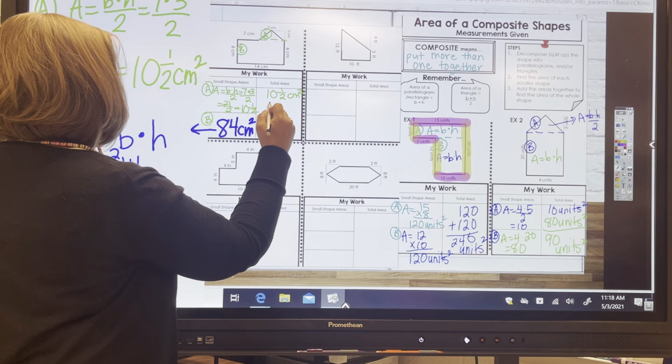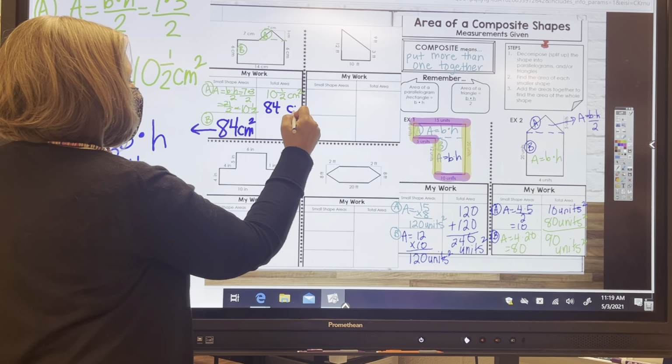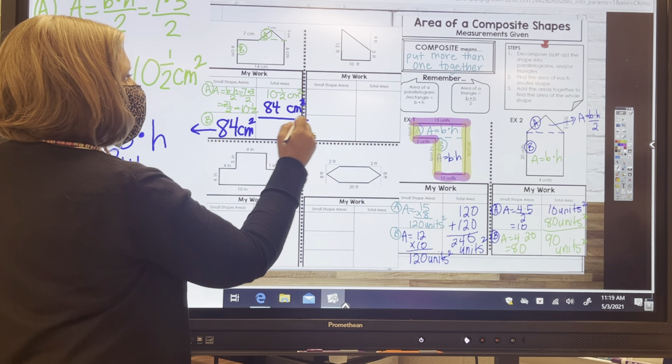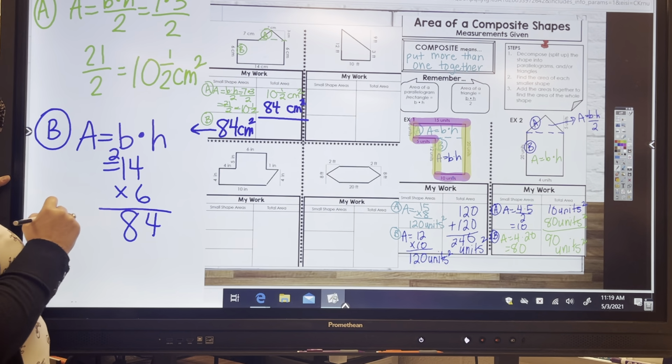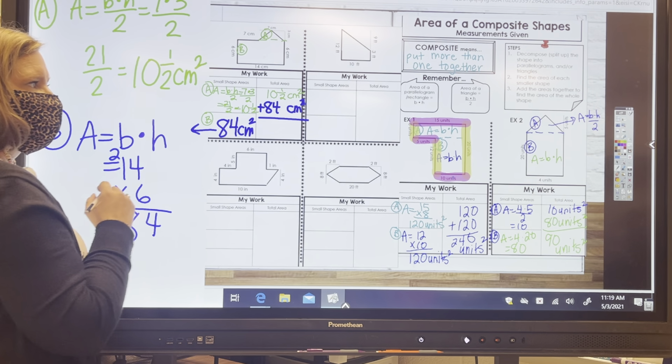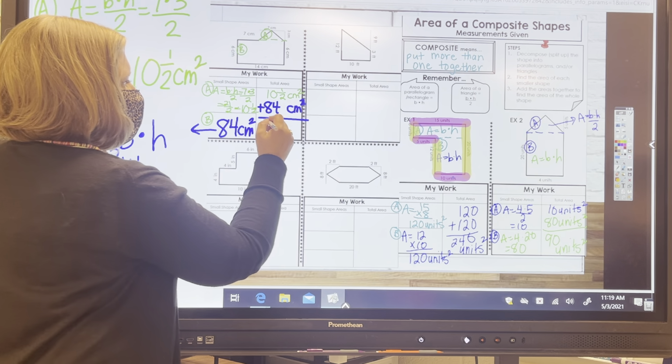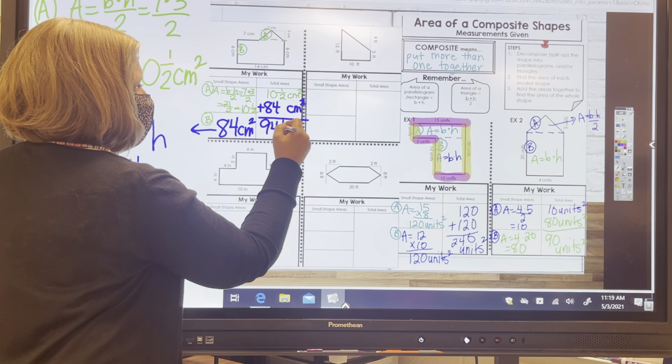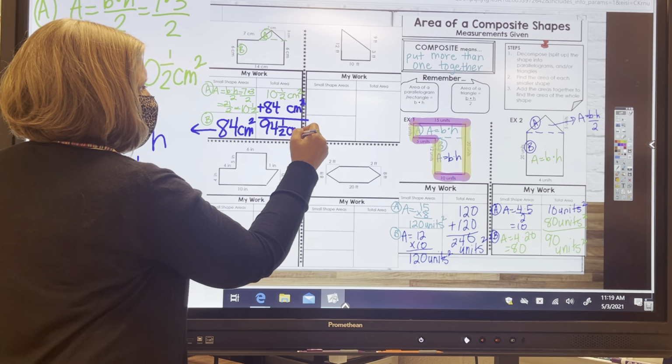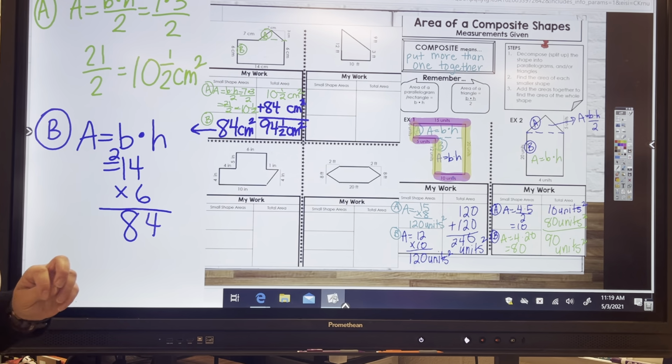It's what? 84. So what's my total? 94 and a half centimeters.